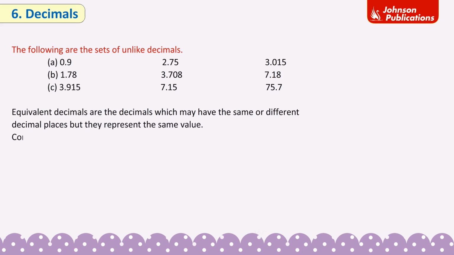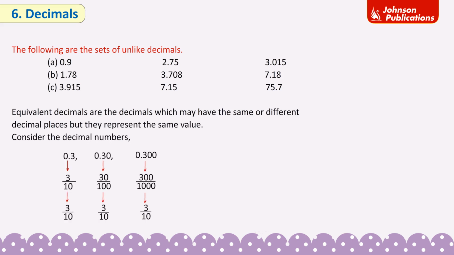Consider the decimal numbers: 0.3, 3 by 10; 0.30, 30 by 100, 3 by 10; 0.300, 300 by 1000, 3 by 10. Writing or removing zeros at the end of a decimal does not affect its value.